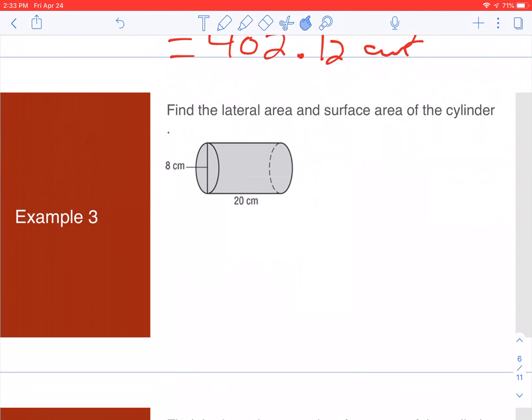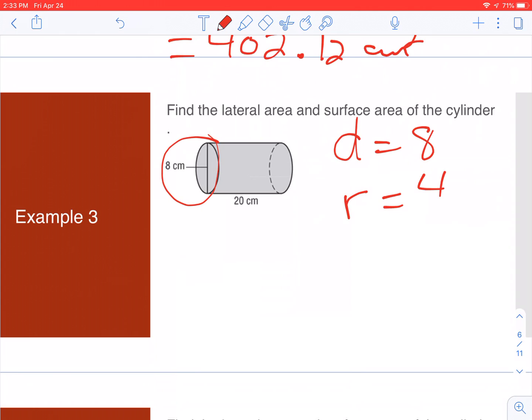All right, same type of problem. I'm just going to set it up. I'm not going to multiply it out. But let's look here. 8 is actually the diameter, so I have to divide that by 2, and the radius is 4. Now I can plug it into my lateral area, 2 pi times 4 times the height, which is 20.